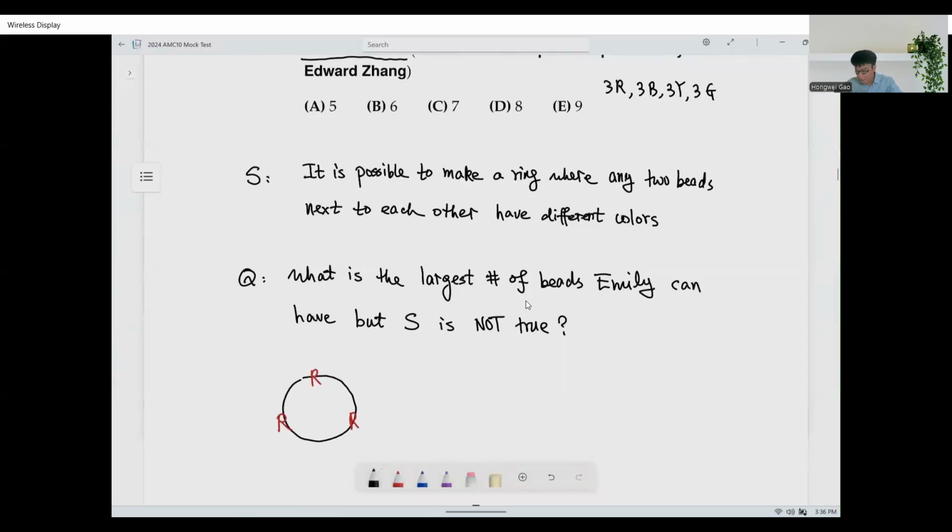In order for S to be not possible, we cannot have too many other beads, right? If there are 3 beads, we can separate these red beads. So in this sense, we can have at most 2 more beads. 3 red plus at most 2 more beads will make S not true.